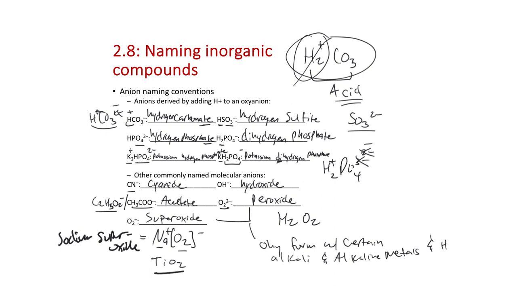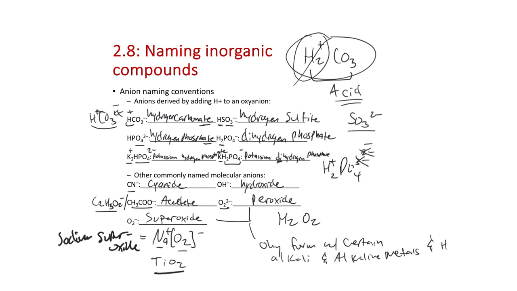But then when I see TiO2, Ti is not an alkali or an alkaline metal. Alkali is the first group, alkaline is the second group. We're not getting peroxides and superoxides with our transition metals or any other element. So when I see aluminum with oxygen, I know it's just the oxide ion.